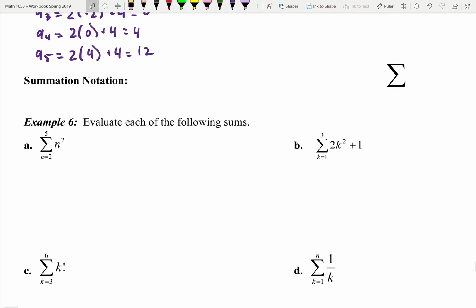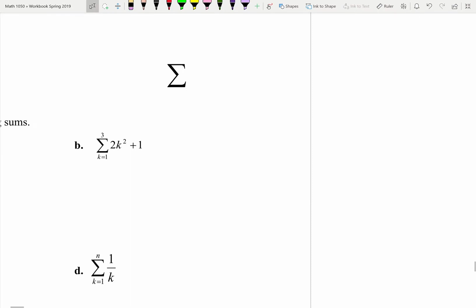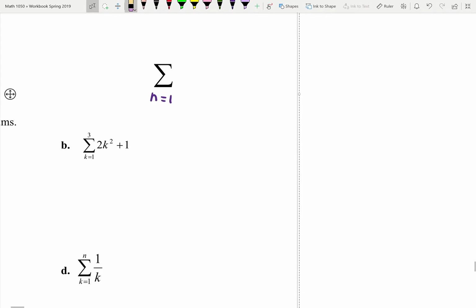Summation. Keep in mind, I don't think this is going to be on your final. Summation just means add the numbers together. It sounds like the word sum, and sum means add. So right here, I want you to write n equals 1. Yeah, go ahead.